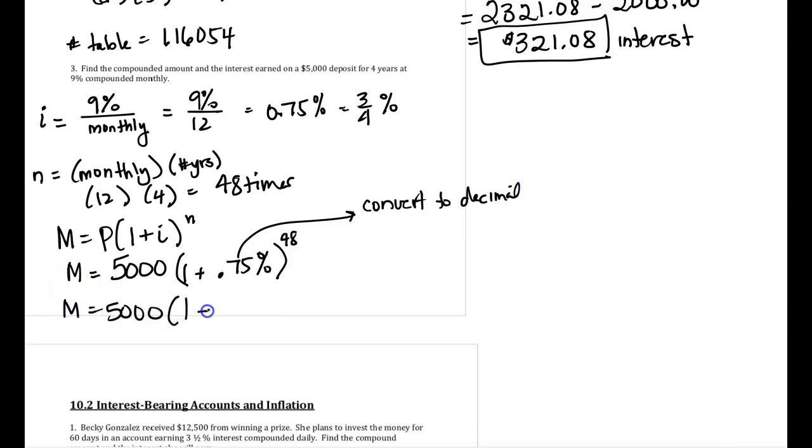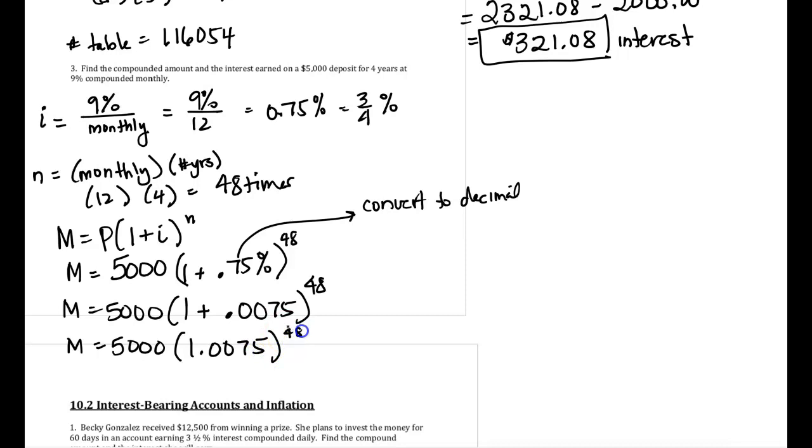5,000 times 1 plus 0.75% is going to be pretty small when we move our decimal backwards 2 spots. Keep in mind that when we were using that chart, it actually made all of these calculations for us, which is what made those first questions so quick.